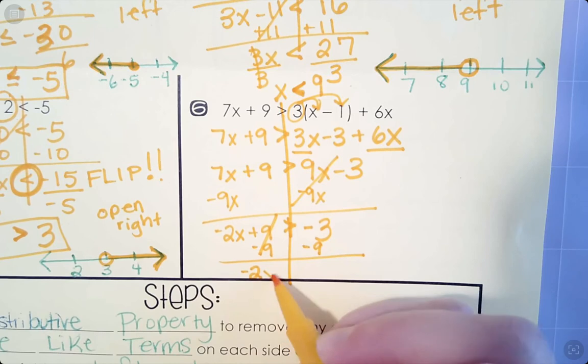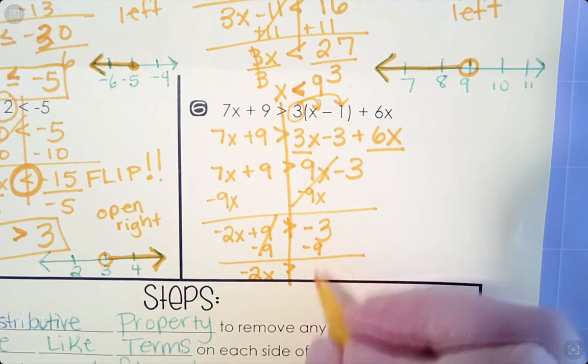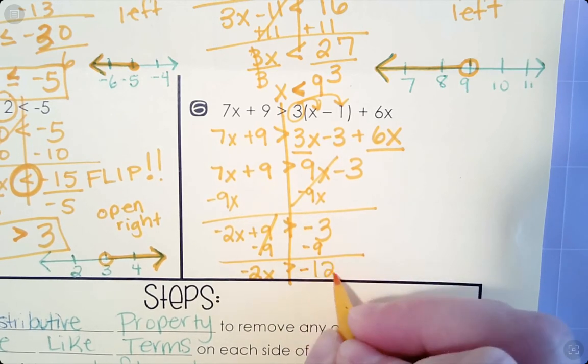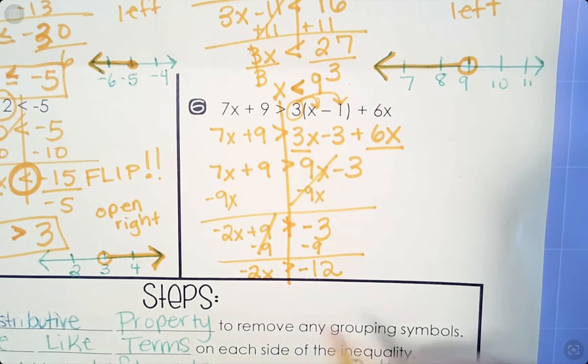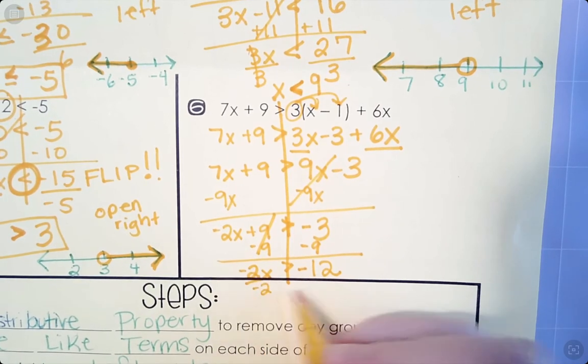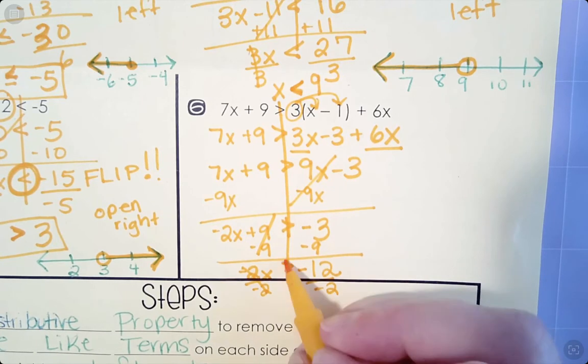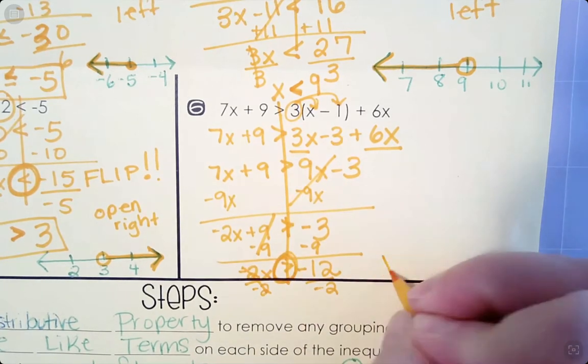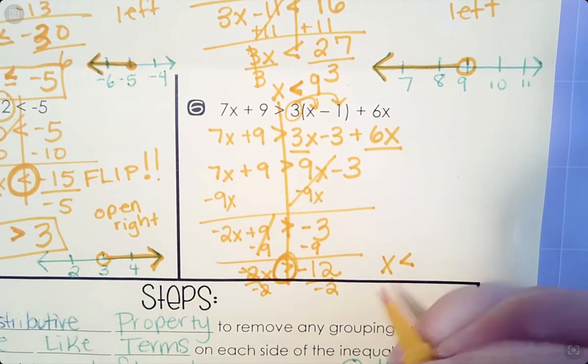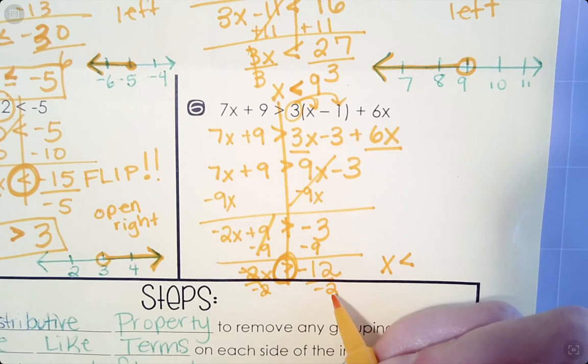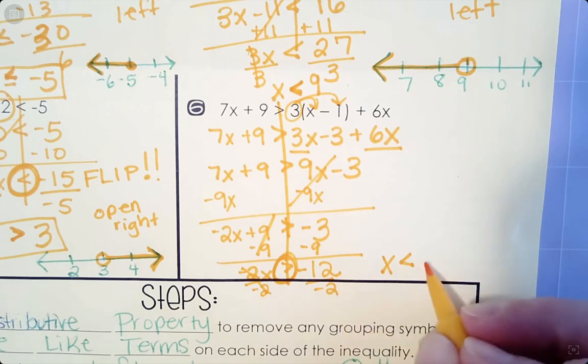It's negative 2x greater than negative 12. Divide by a negative 2 all the way through. We divide by a negative, so we're going to flip that sign. So it's x is now less than negative 12 divided by a negative 2. It's positive 6.